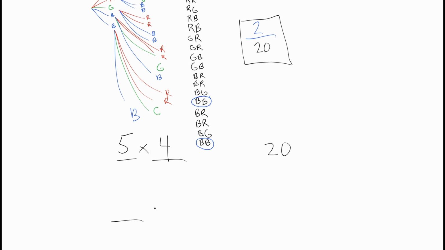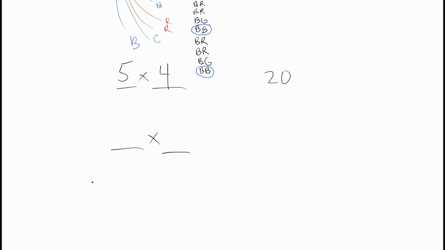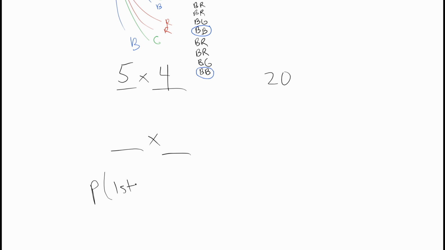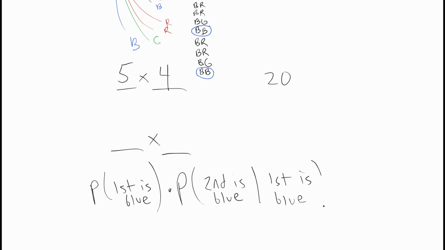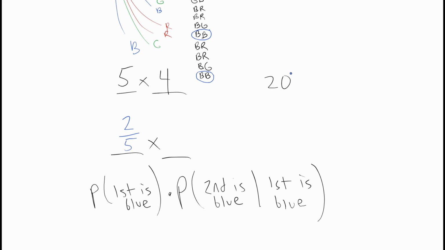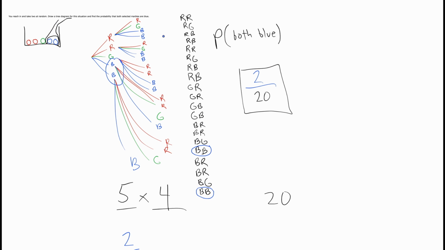But we can also multiply the probability of the first pick being blue times the probability of the second being blue, given that the first was blue. Alright, so what would those probabilities be? You've got 2 chances in 5 for getting blue on your first pick.